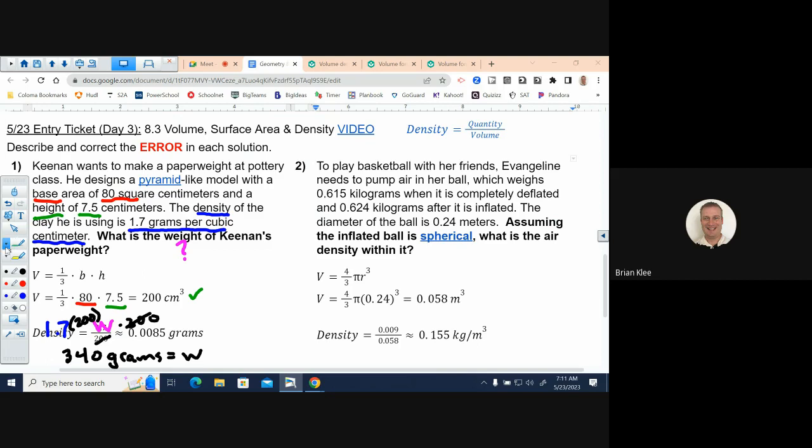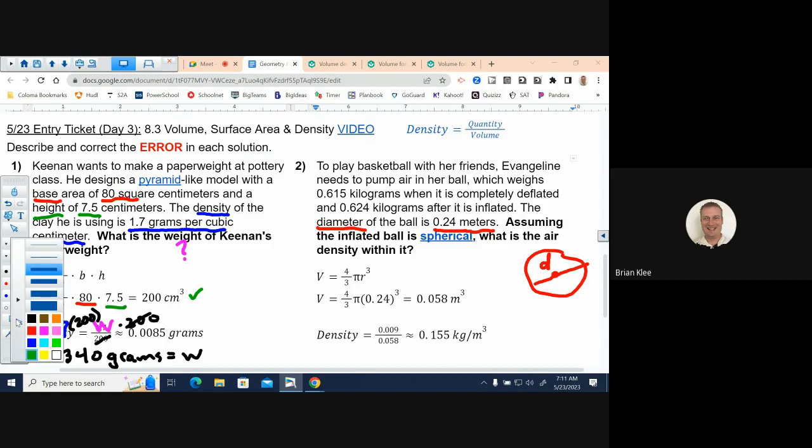Our issue in this problem, if you read closely, we are told the 0.24 is the diameter. Well, the formula uses the radius. We should all be super familiar at this point in class that diameter is the distance all the way across the circle through the middle.